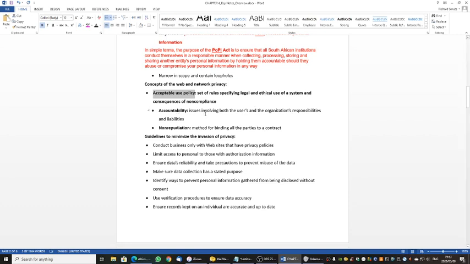Accountability issues. Who is accountable? Both the user and the organization are responsible for what they are doing with the information. There is another term that comes up here, non-repudiation, and they refer to it as a method of binding all parties to a contract.